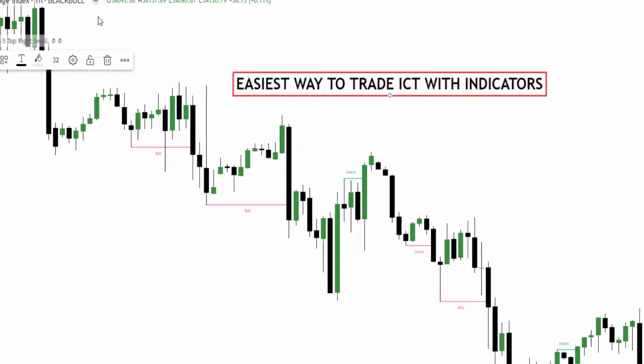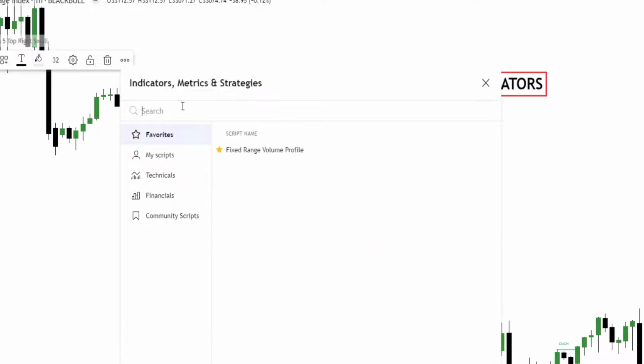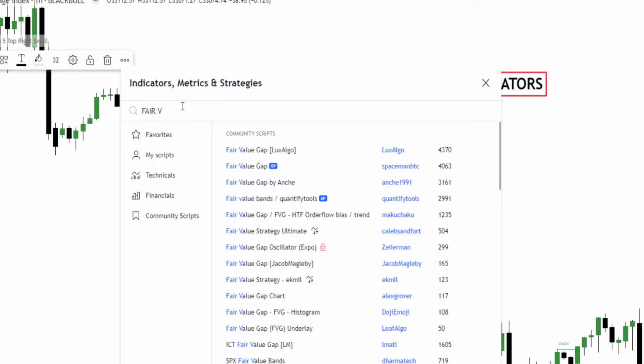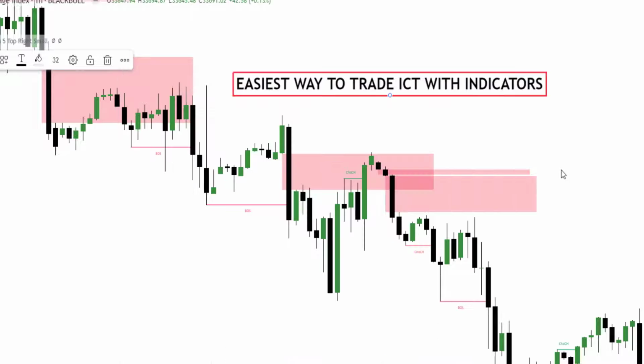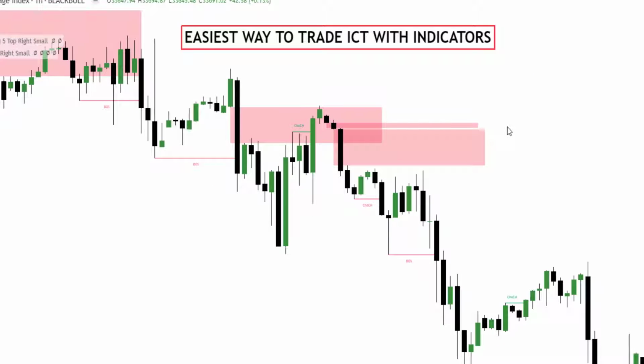And then the second indicator is called Fair Value Gap by the same creator, Lux Algo. Click on it, and then you are up and running. The beauty of this is that you're going to identify your trend.